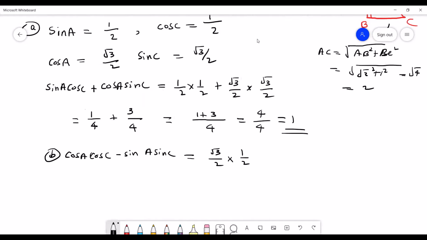Then minus sin A, whose value is half, and sin C is √3 by 2. So it will come as √3 by 4 minus √3 by 4. So this will become 0.